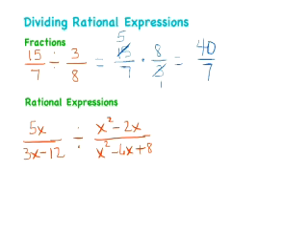If you're going to divide rational expressions like this, your first step is going to be to change it to a multiplication by flipping your second rational expression. And what I like to do is combine that step with the factoring step if that's necessary. So it would look something like this.